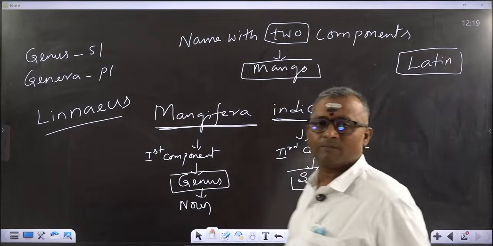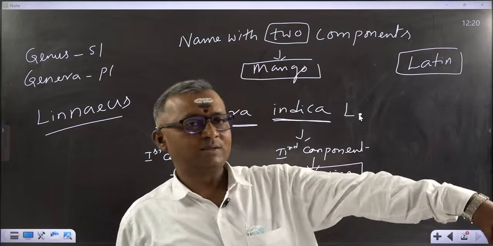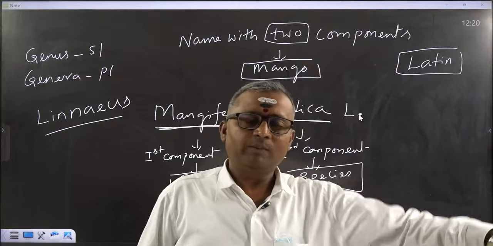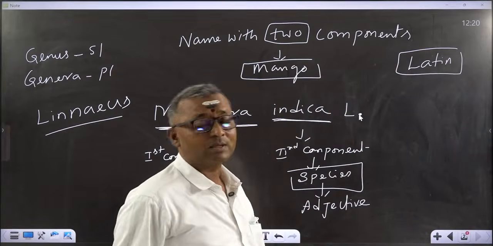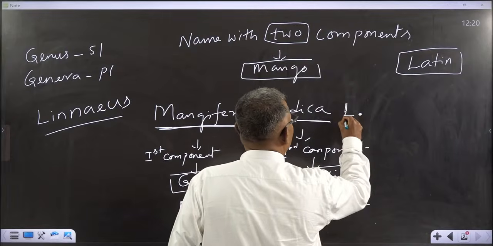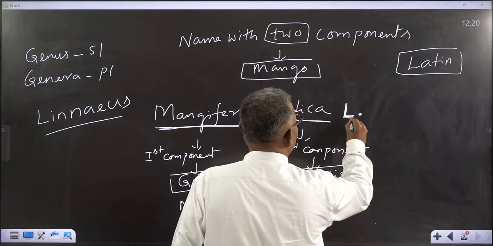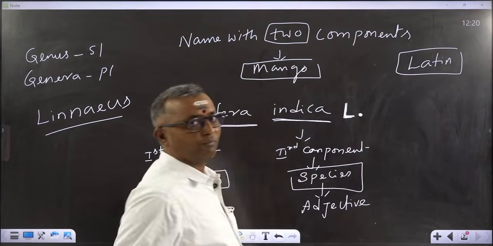If it is discovered by some other scientist, then his or her name will be given in abbreviated form after writing the scientific name. After writing the abbreviated name of the scientist, we have to give a full stop.